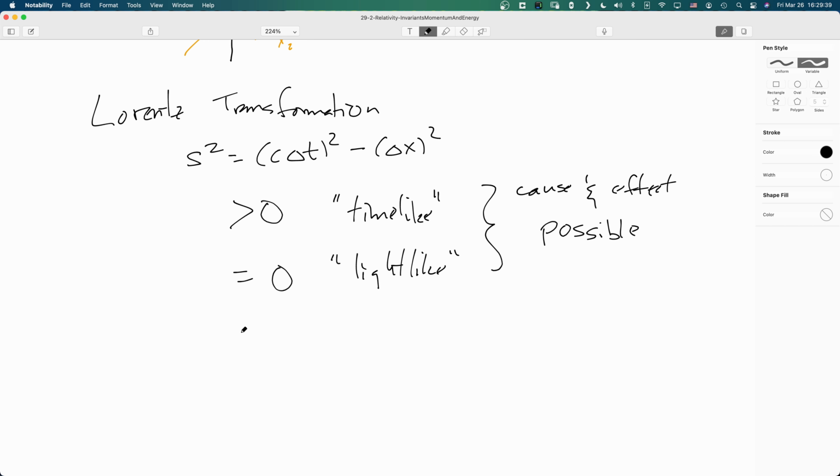If the difference is negative, then that means that even light can't possibly travel between the two events, and so we call this a space-like separation. And this means that it's impossible to have a cause and effect relationship.